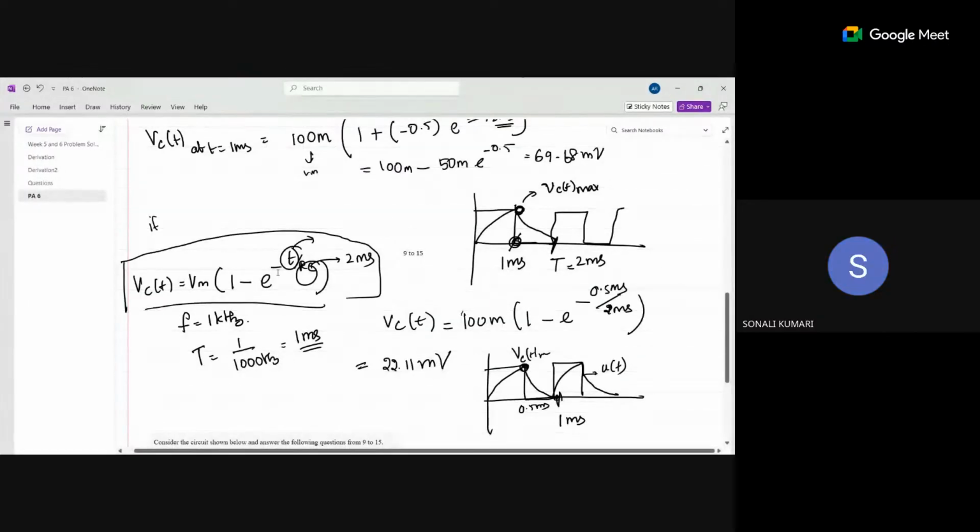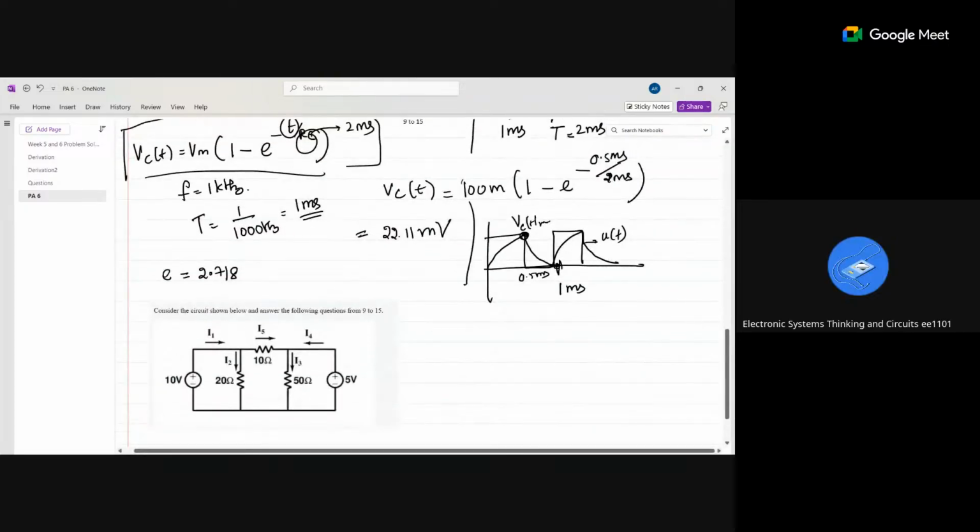Ma'am, how do we find the e value? The e value is a constant. The value of e is 2.718. Like the power, ma'am, 0.5 by 2, how can we find the e value then? See, Vc of t is equal to 100 m times 1 minus e power 0.5 by 2, it's basically minus 1 by 4, right?